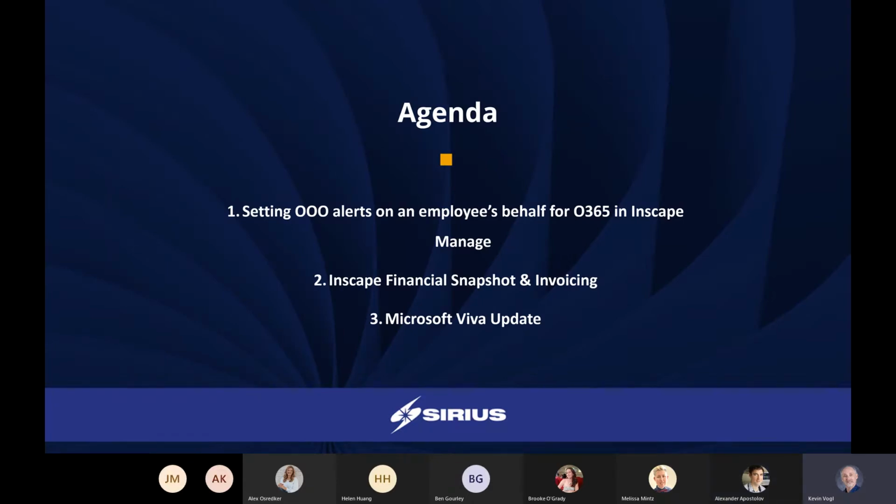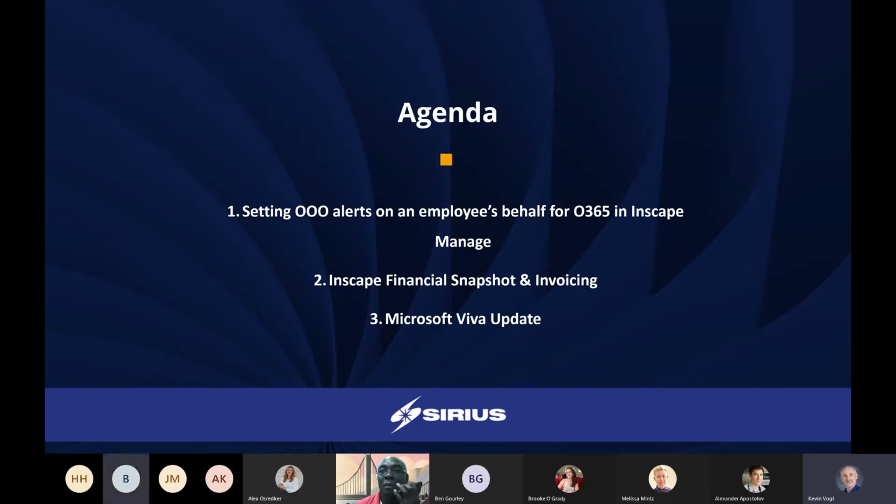All right, here's what we're going to be covering today. Alex has a way of setting your out-of-office alerts using Inscape, a great way to do that for people who might have forgotten to do it when they left the office. Then we're going to talk about the financial snapshot and invoicing, which I believe Melissa is going to be covering.